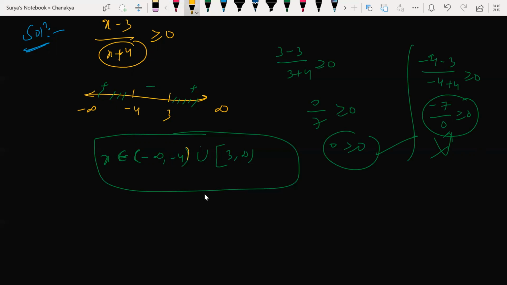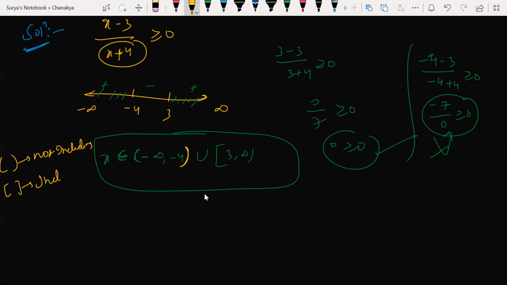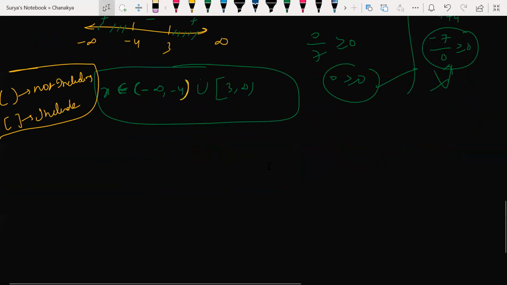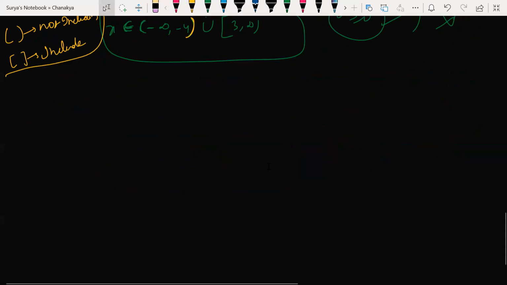So we should not include minus 4, and I kept an open bracket. Open bracket is nothing but not including, and closed bracket is nothing but we can include. This is what I taught you at the start of functions.